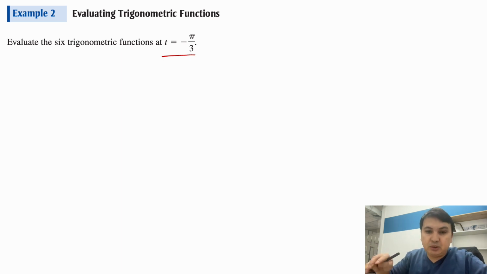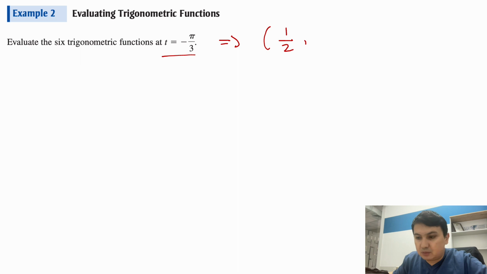Basically this means you rotate clockwise by 60 degrees, and if you look at the circle, you see that this gives me the coordinates 1 over 2 and minus square root of 3 over 2.